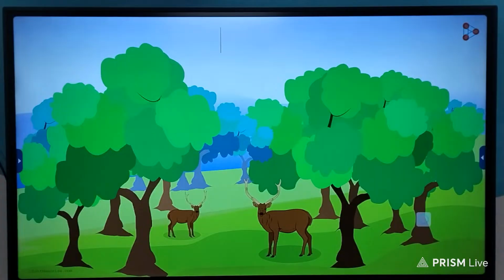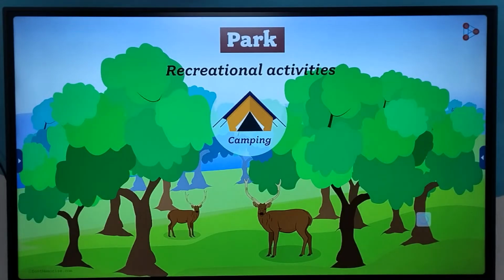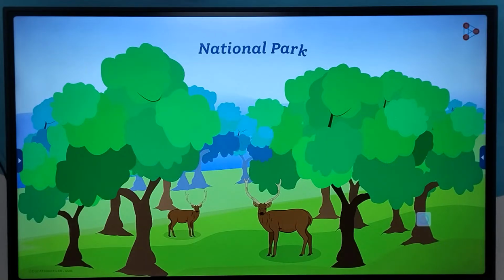How can this area then be called a park? Well, that's because the government allows recreational activities for people like us. Camping and other activities are designed to help educate people about the need for conservation. These parks act like awareness arenas for common people. The question is, can the government declare any area as a national park? Yes, it can.